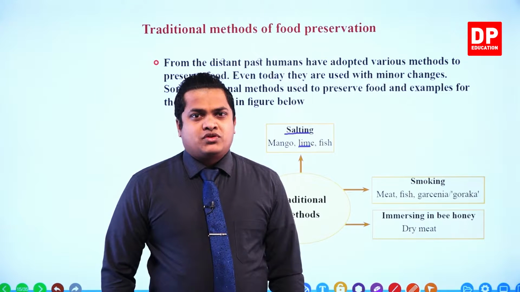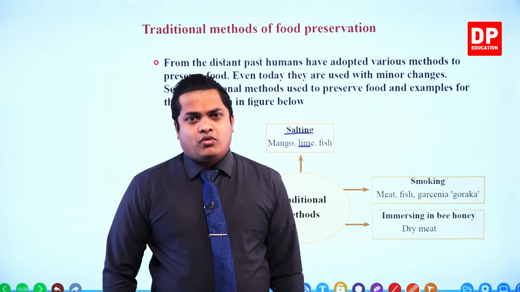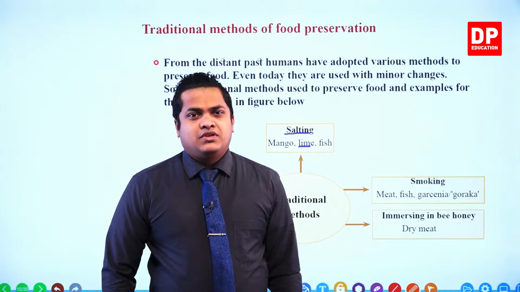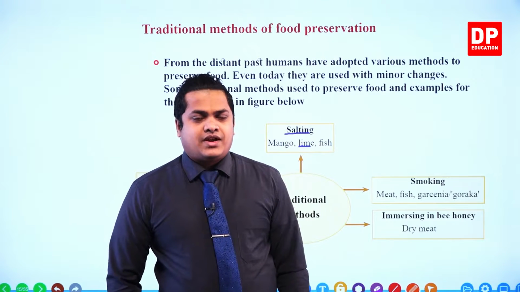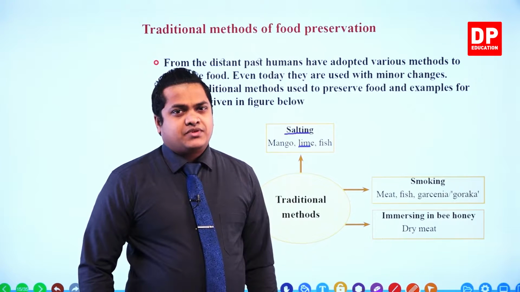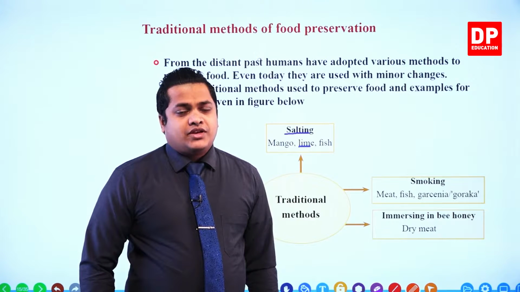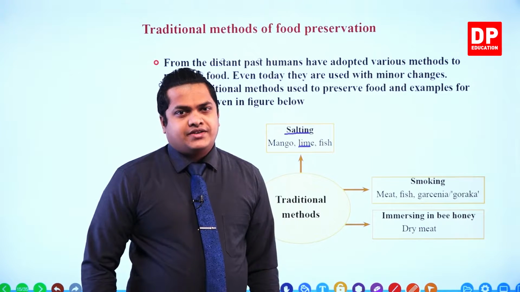Most of the time farmers do this at home in order to consume dried chilies. So drying is also a similar process, where we remove excess water so that we can preserve the food item.